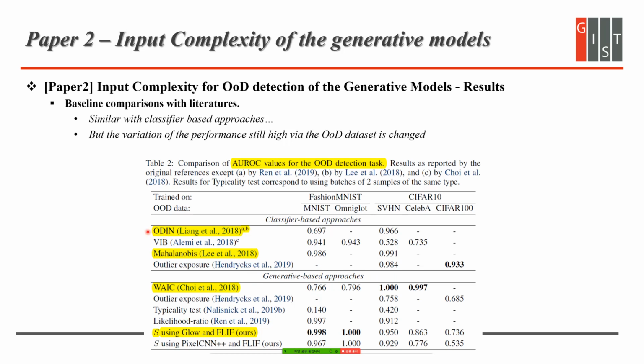The highlighted one is the paper presented in today's presentation, and the values show that in the case of WAIC, when the case of CIFAR-10 training dataset, the OoD detection ratio goes to almost 100%, and also the second paper approach, this highlighted one, shows a good ROC curve result within these two datasets.